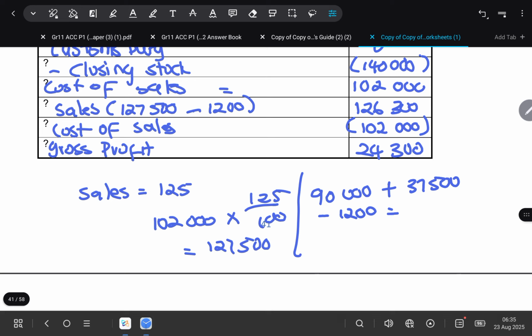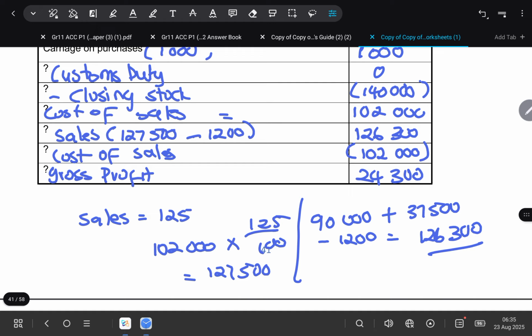So if we say 90,000 plus 37,500, and then we subtract 1,200, it still gives us 126,300. So when you do this, guys, you need to make sure that you choose a method that best works for you. Okay, but for me personally, if I'm given the markup, I will use my cost of sales to get my sales.